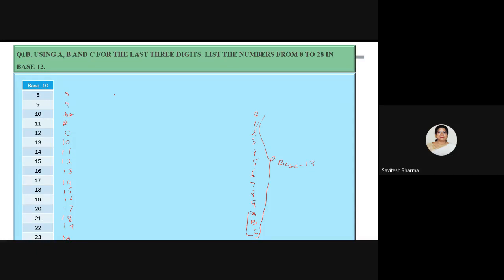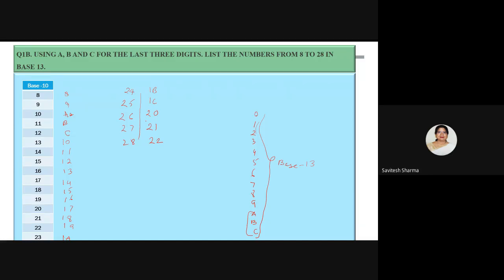For 24, again I am writing here 24, 25, 26, 27, 28. So here I completed 1A, this is 1B, 1C. Now C, you are at the last, so again you will roll back to 0, and now you will increase this 1 to 2. So 20, 21, 22.